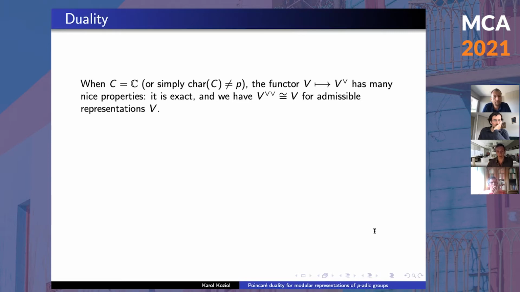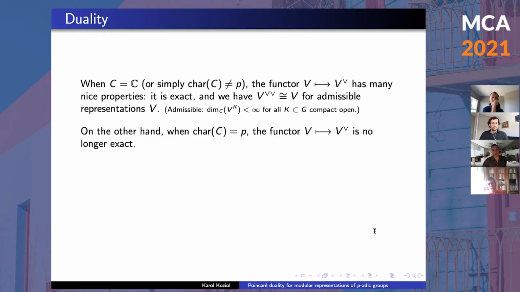This double dual is canonically isomorphic to V for admissible representations V. And I'll remind you, admissible here just means that the space of invariant vectors is finite dimensional for all compact open subgroups. This is nice and has properties that we would want.